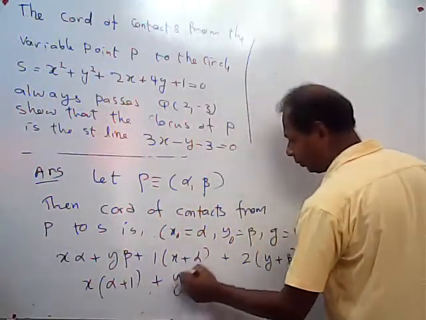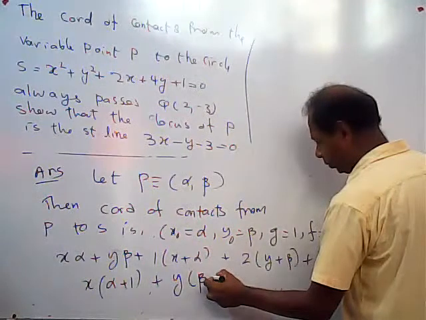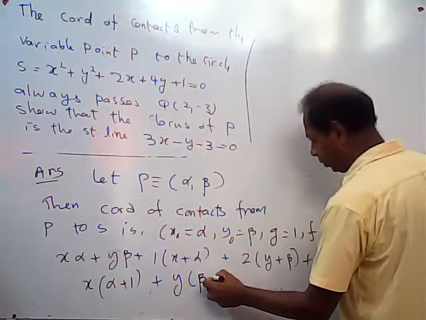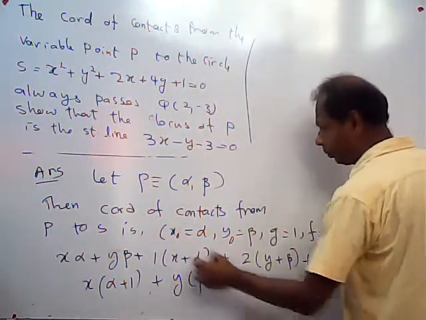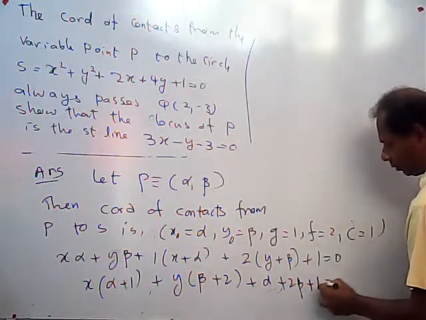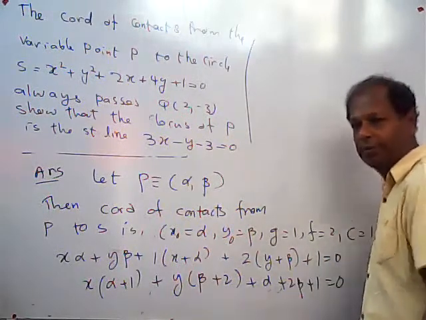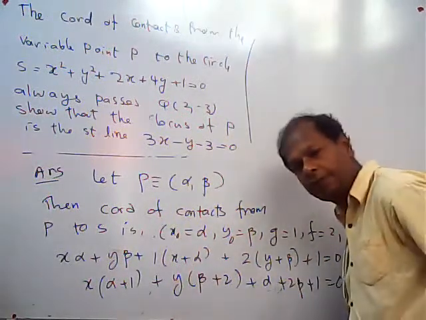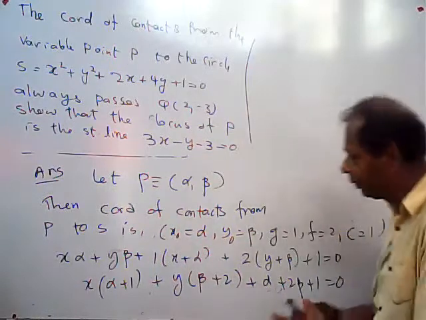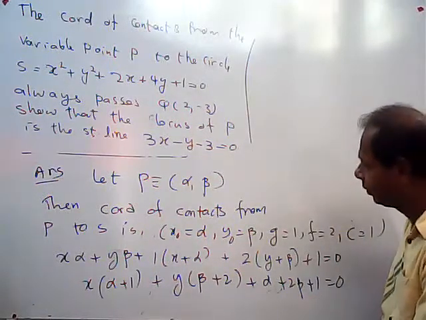Taking y out, it gives beta plus 2, and then plus alpha plus 2 beta plus 1 equals 0. This is the chord of contact, taking the point P as alpha beta. This is what we get for the chord of contact.